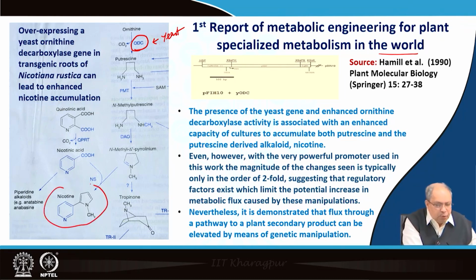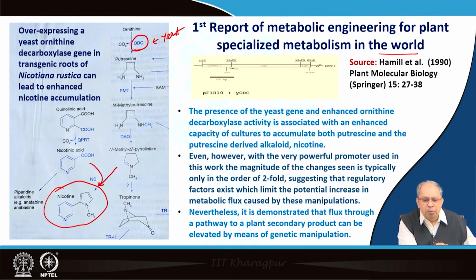Nicotine is the end product, and you see that nicotine requires nicotinic acid addition along with the N-methyl pyrrolinium ion. The pathway is short. Therefore, it is possible that as a result of ODC overexpression you may see a positive impact on the nicotine content. Okay.